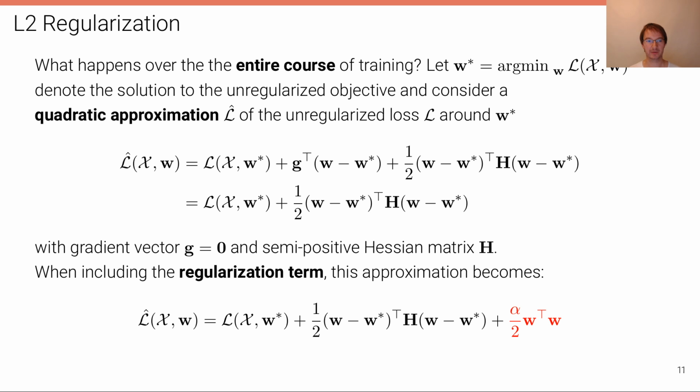So what does this look like? If we have a quadratic approximation, this is basically just a multivariate Taylor series expansion, which I've written down here.